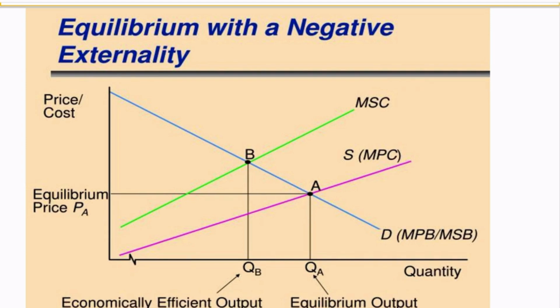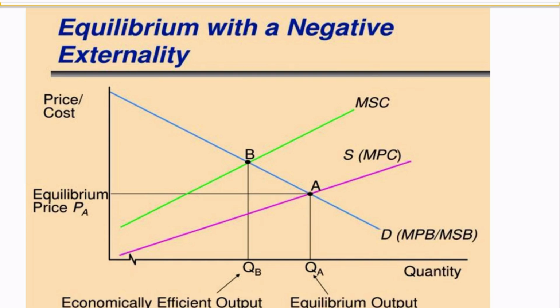So that deadweight loss is a triangle, A, B, and C, which is not shown here, but if you consider this triangle formed by the intersection of the MSC and MPC lines with the demand curve, that triangle is called the deadweight loss triangle, right?